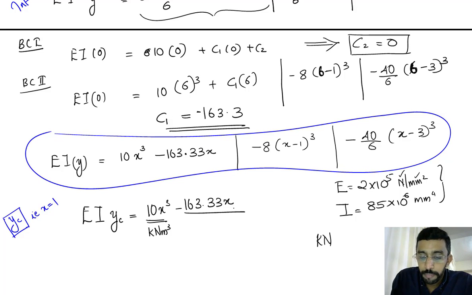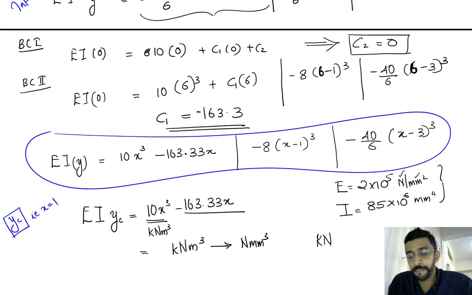So by making some necessary arrangements, like if I want to convert kilonewton meter cube to Newton meter cube, then things are on the same platform, on the same scale, and we can substitute, right? So how will we do that? In order to convert kilo, I will multiply by 10 cube, right? So now it becomes Newton meter cube.